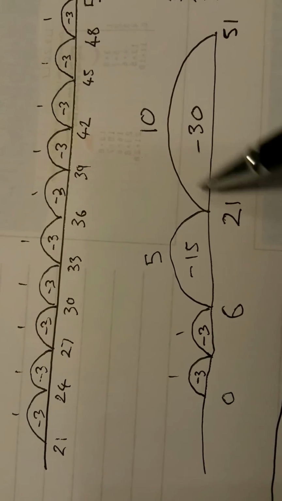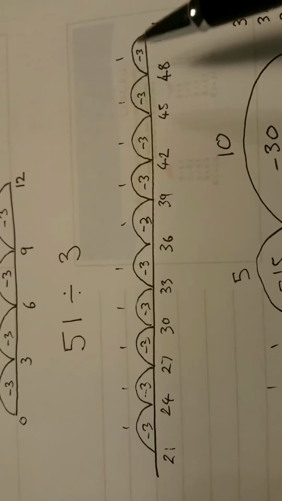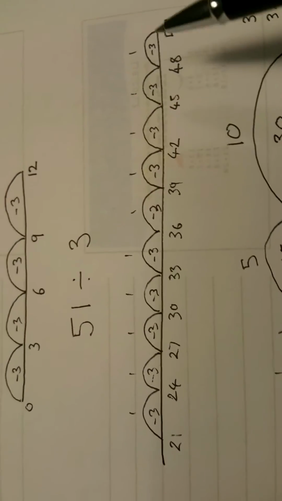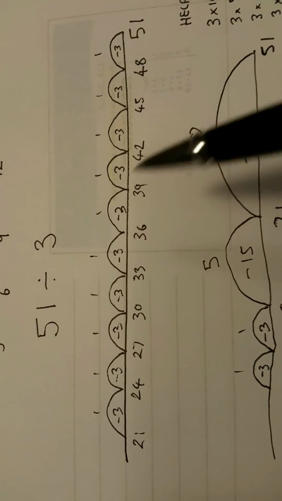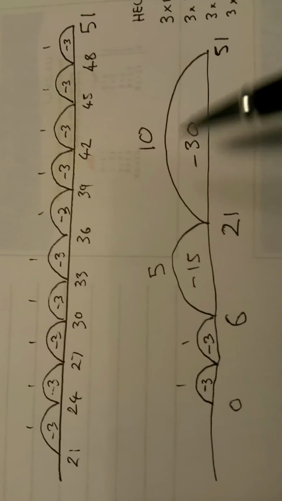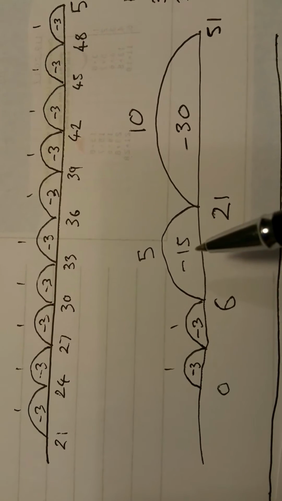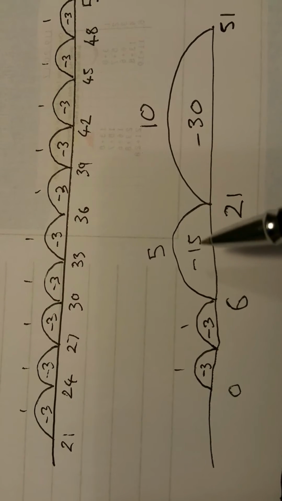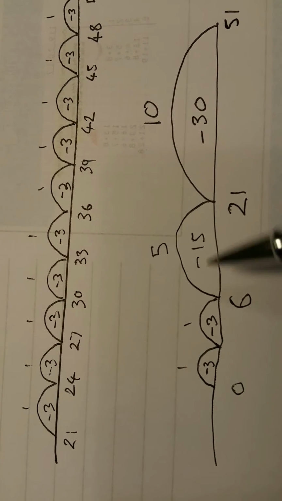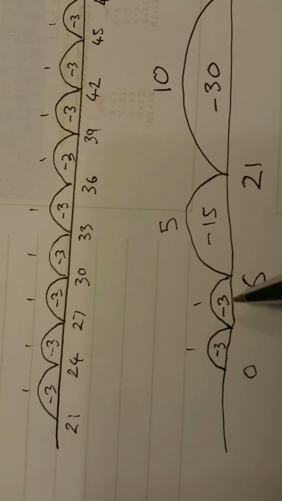Well, in this huge jump of 30, I took out 10, and that was exactly the same as doing this, but it was much quicker. So instead of doing 10 little jumps of 3, I just did 3 times 10 is 30, and I did it in one jump. So that's 10 lots of 3. Then I did 5 lots of 3, which was taking away 15, and then I did 1 lot of 3, and then another lot of 3, which got me down to 0.